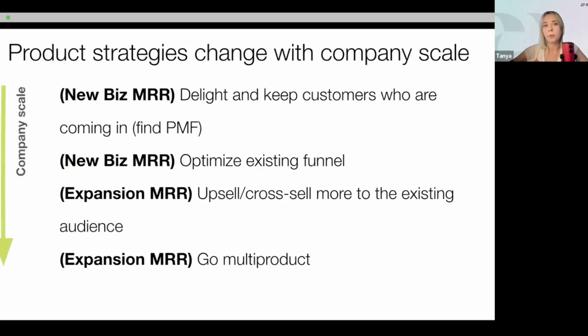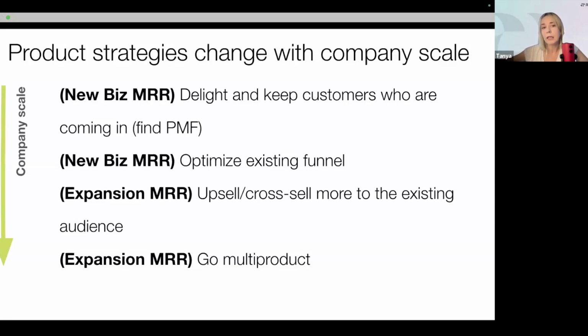And the product strategy of the company usually changes with the company size. So when the company is smaller, it's more focused on attracting new business MRR, new revenue from new customers, trying to delight and keep the customers who are just coming in, and trying to find the scalable channels of user acquisition and optimize the existing product funnel so that these people would actually generate revenue.